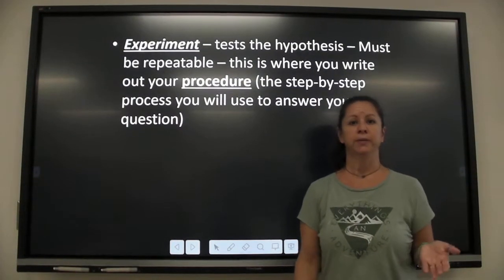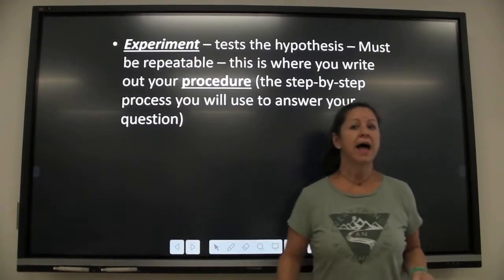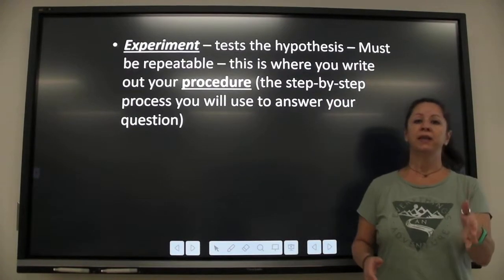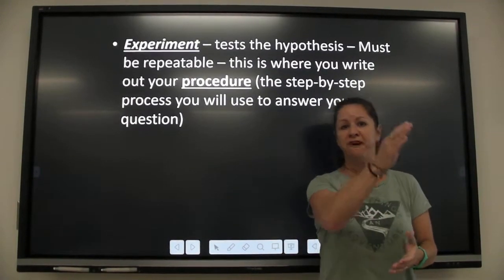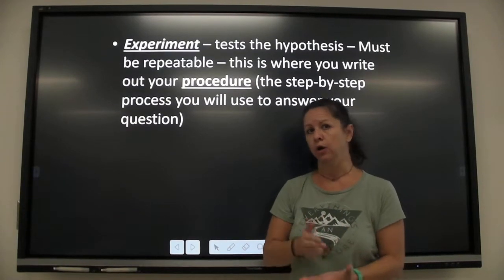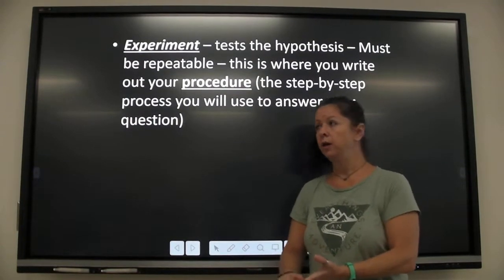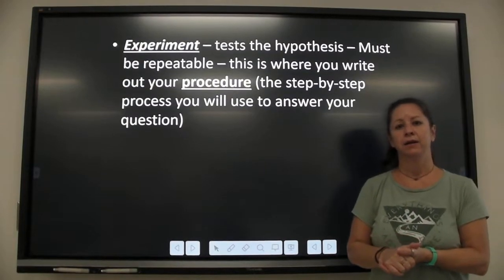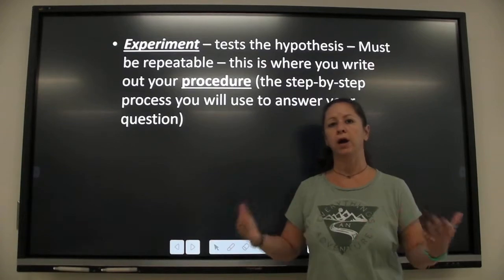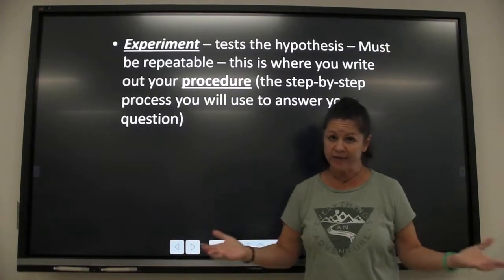And then that will be the next step. It's actually doing an experiment. If your question was, how can I make better grades in science? And your hypothesis was, if I study 1 hour every night, I will make better grades. You can test that. How would you test it? Well, you go home and you study 1 hour every night. That's how you test it.